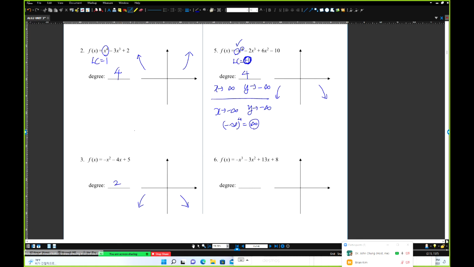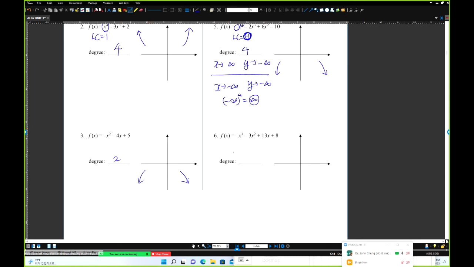Okay. Negative x³, try this one. Degree is 3, leading coefficient is negative 1. Be careful, this is a negative number. When x goes to infinity, y goes to what? Cubed is positive infinity, but we still have a negative, so it's going to be negative infinity. When x goes to the left-hand side, negative infinity, what about y?